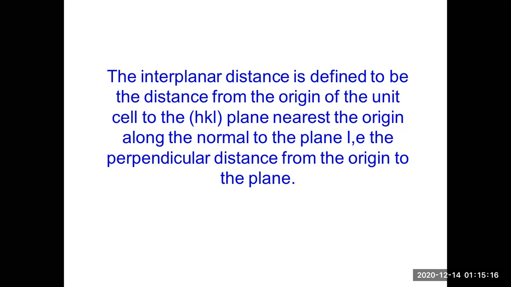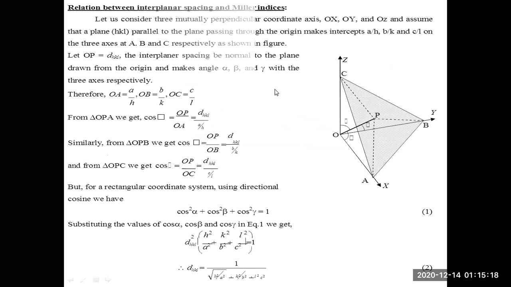In the next slide I will make you understand how we can calculate the interplanar spacing geometrically. For that, you can see the figure. You can see the figure where the origin is taken as the reference point from which the plane is passing, and another plane is passing from the origin.